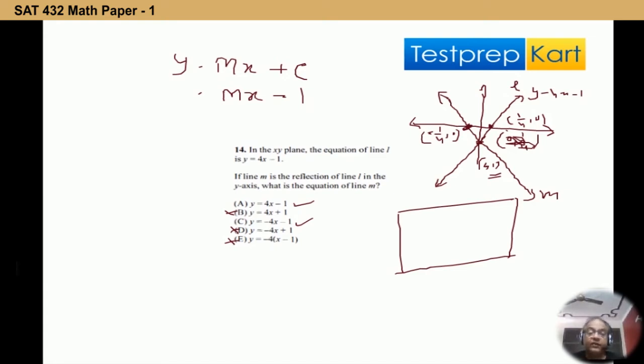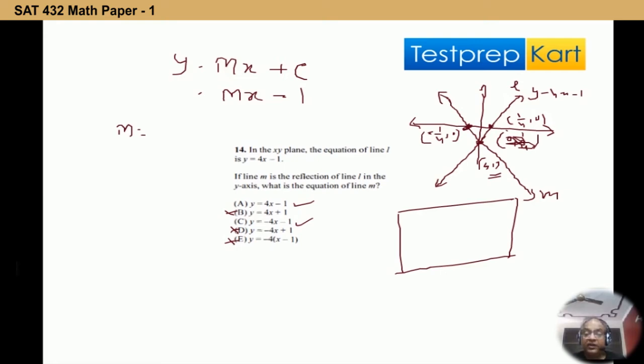Now y equal to mx plus c, and therefore it's mx minus 1, because my y-intercept is negative 1. Let's find out the m also. So m will be equal to y2 minus y1 upon x2 minus x1.